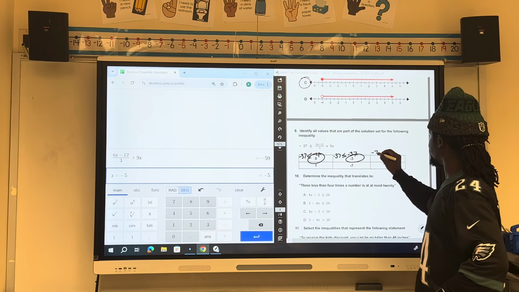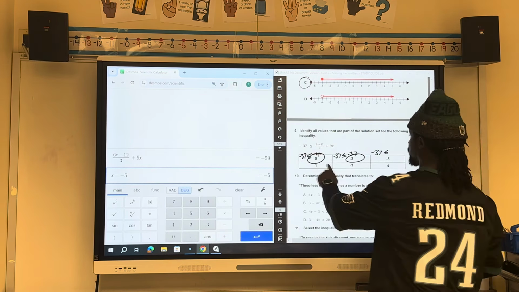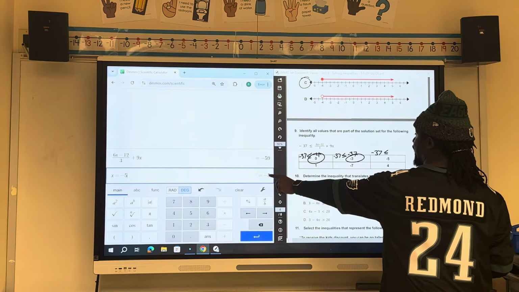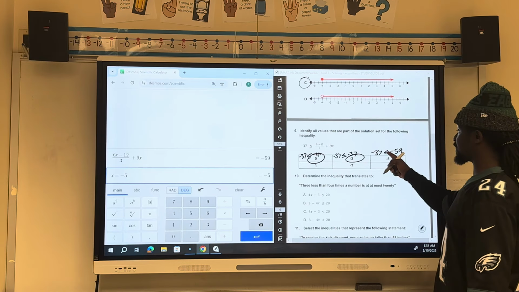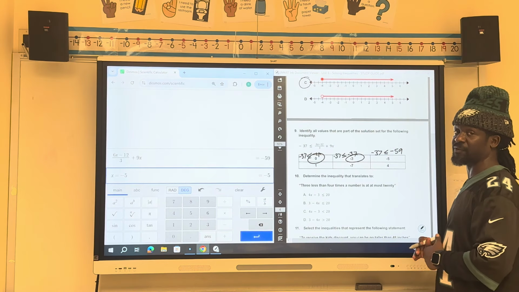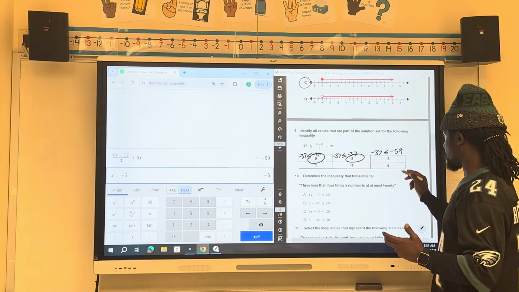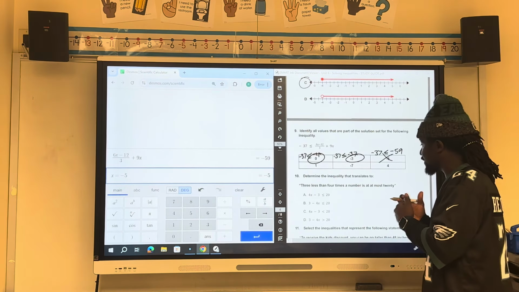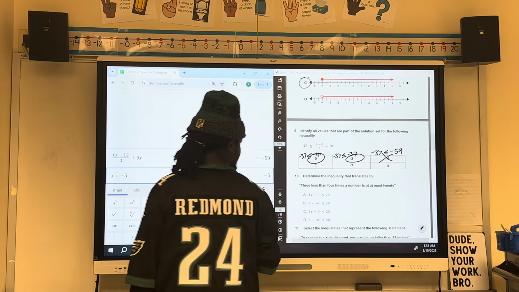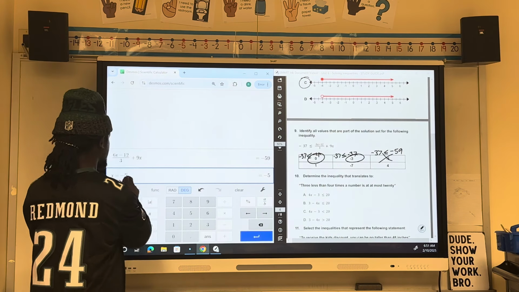Okay, so we got negative 37 is less than or equal to, when x is negative 5, negative 59. Is negative 37 less than or equal to negative 59? And the answer is no, because the bigger the negative, the smaller the number. So negative 59 is actually not greater than, it's less than. All right, so then let's put in 1.